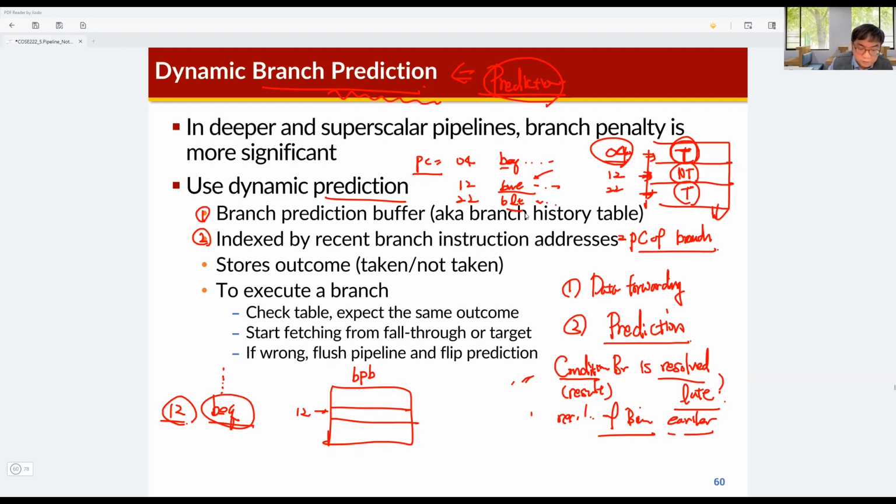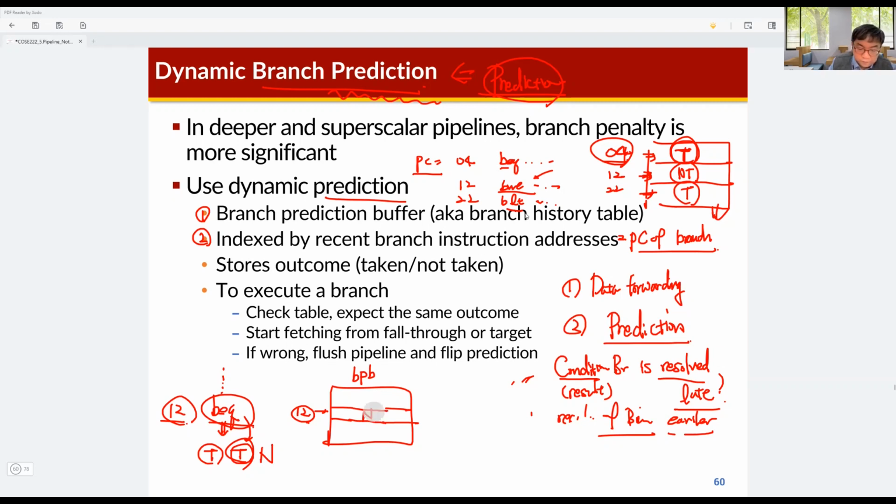If this branch is taken, like T, then we store T, indexed by the PC of the branch instruction. And if the real result is taken again, T is stored. If it's not taken, then N is stored.